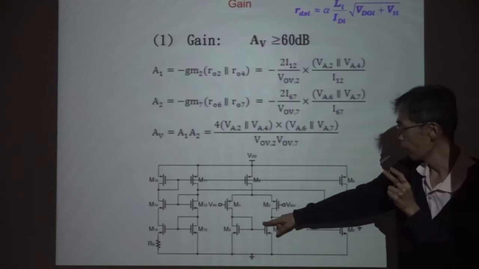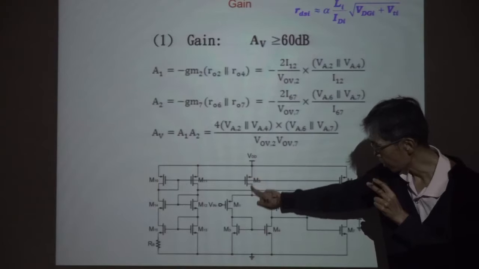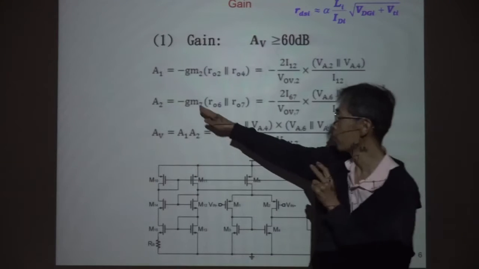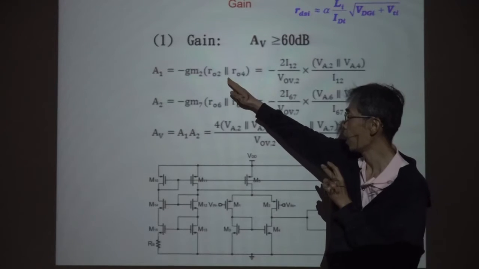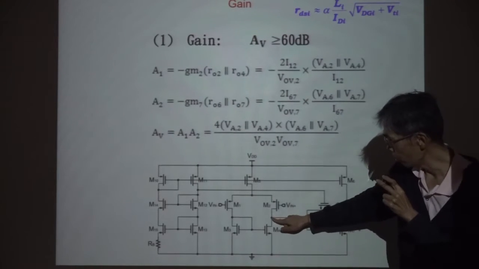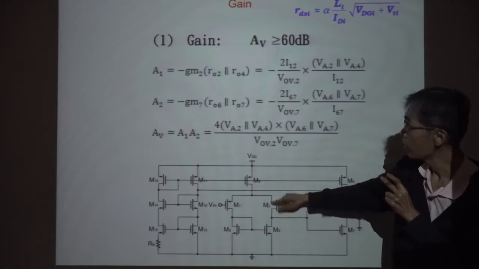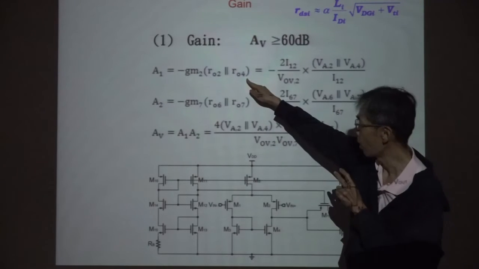So for A1, this is a differential pair, so we can just consider half. A1 equals minus GM2, and this is the output voltage. If you look from this point, we have RO2, and for this one, we have RO4.